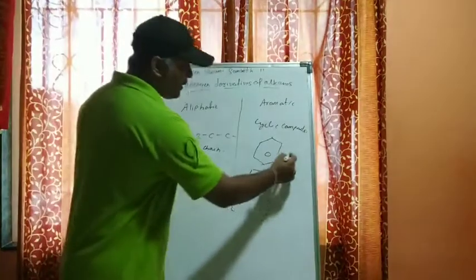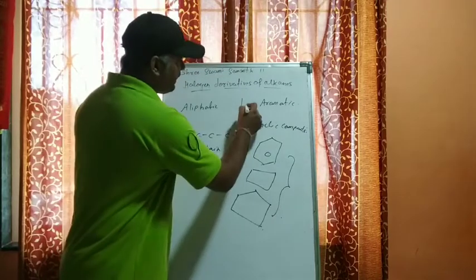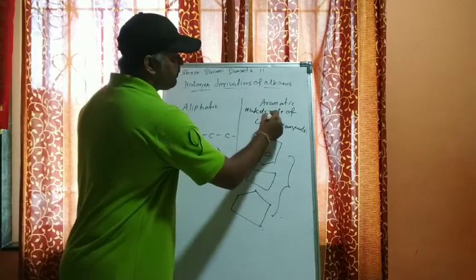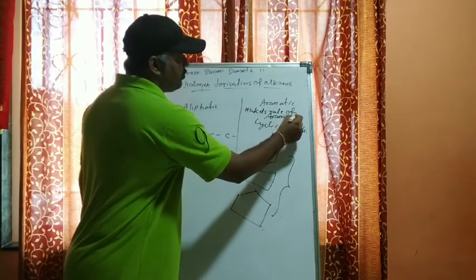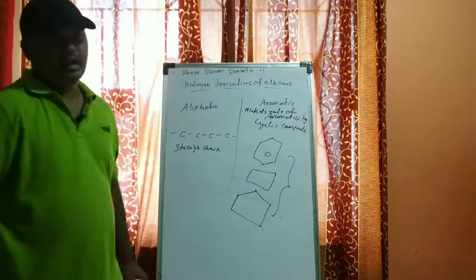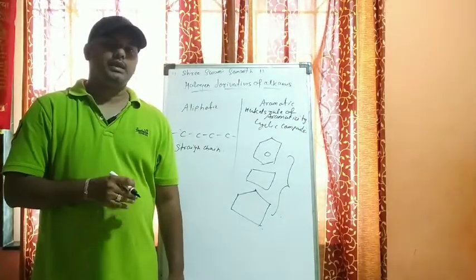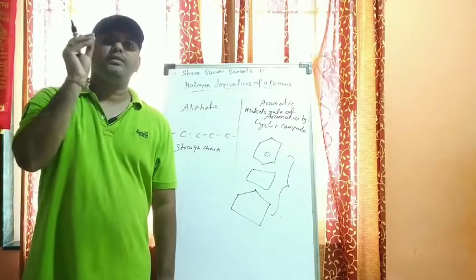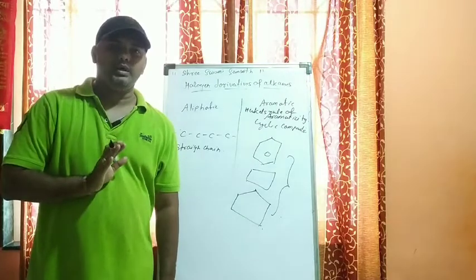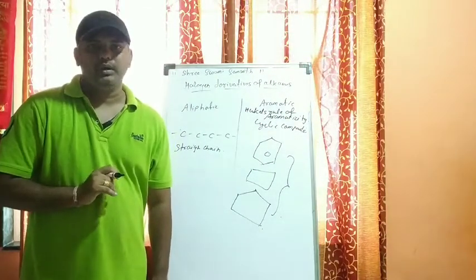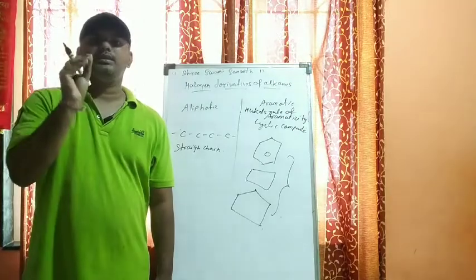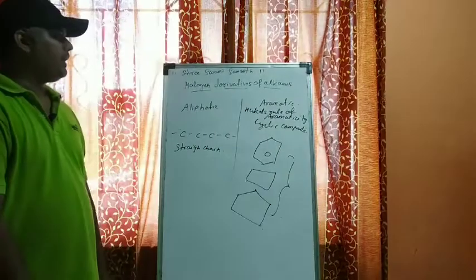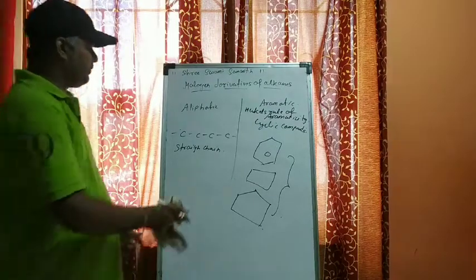Now this aromatic nature can be proved by Huckel's rule of aromaticity, which we had learned in the 11th standard. This rule says that any planar cyclic molecule which follows the 4n plus 2 pi electron rule is said to be an aromatic compound. Last year we learned this in the chapter on aromatic compounds, so you have to remember what aliphatic and aromatic compounds are.